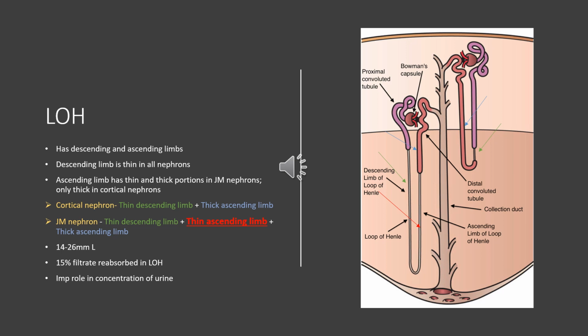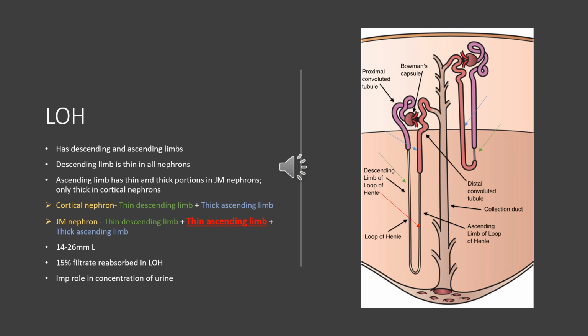So, the pars recta of proximal tubules continues with the loop of Henle. Loop of Henle consists of descending and ascending limbs. As we have already discussed, irrespective of the position of nephrons, that is whether cortical or juxtamedullary nephrons, the descending limb is thin throughout all the nephrons, whereas the ascending limb has thin and thick portions in a typical juxtamedullary nephron, but a cortical nephron has only a thick ascending limb.